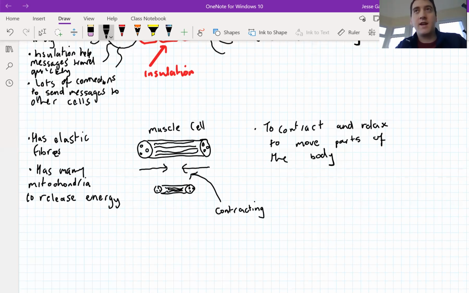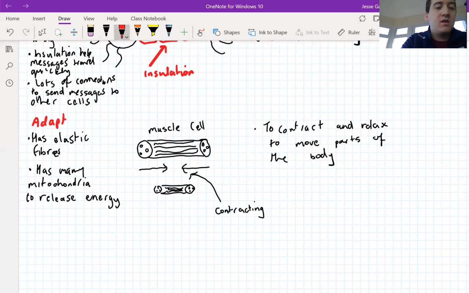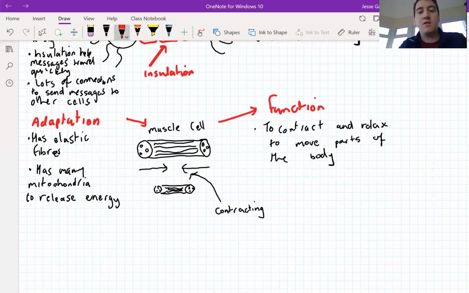Because that is what your body uses the most energy for, to make your body move, that's why these cells in particular need a lot of mitochondria. So again, these are the adaptations. These are features which help the cell to do its function, which is to contract and relax to move parts of the body.